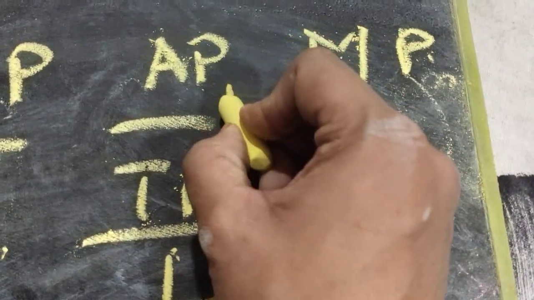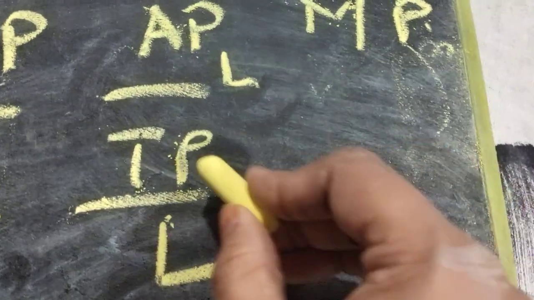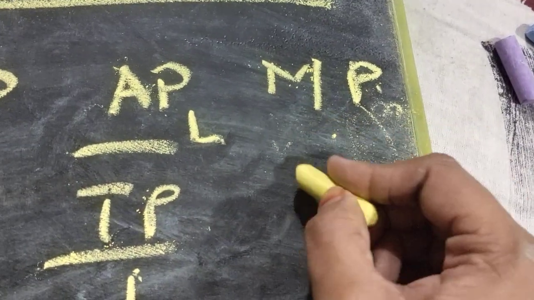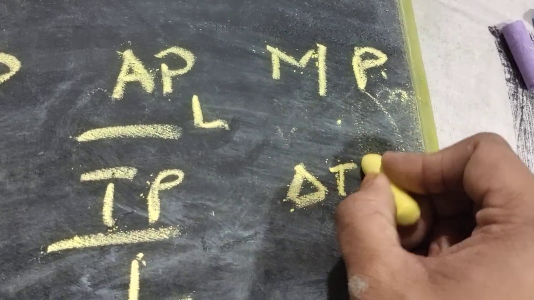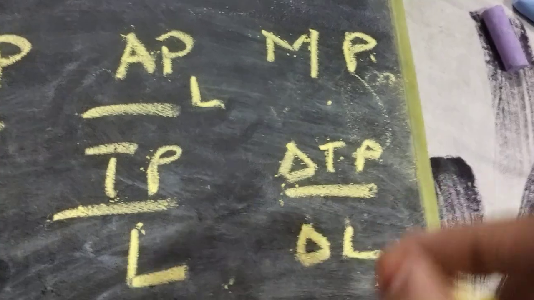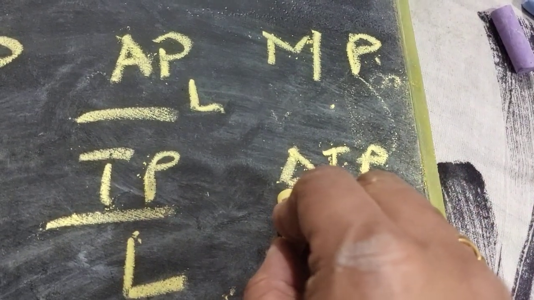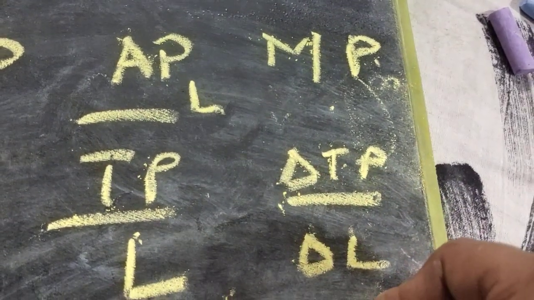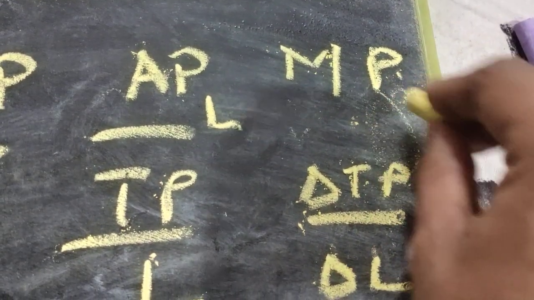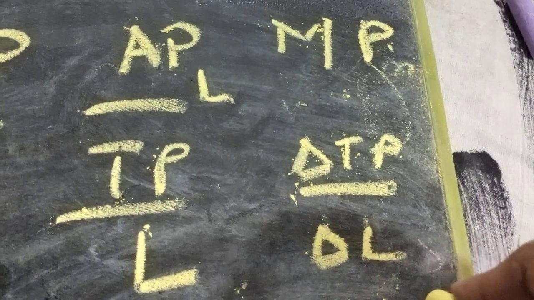If I'm talking about average productivity of labor, then I'll divide the total product by the labor. Marginal product is the change in total product by change in labor, that is the additional unit of output I'm able to produce using an additional unit of labor.